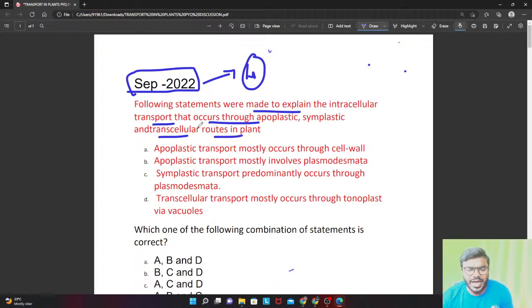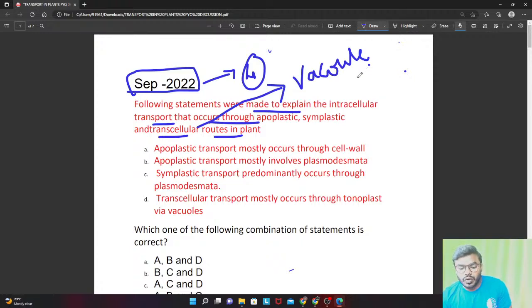Through the transcellular route, most of the water molecules cross the tonoplast, the outer membrane of the vacuole, the vacuolar membrane. The water molecule can enter the tonoplast membrane of the vacuole via transcellular transport.